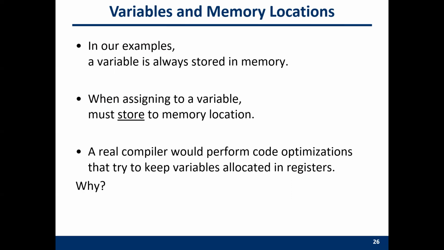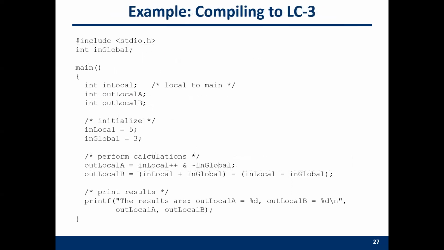Because the register is faster. So when you access those variables, you can have a shorter latency. You can actually write some C code here and then use a compiler to compile the C code into LC3 assembly code, and you can run that on the LC3 simulator.